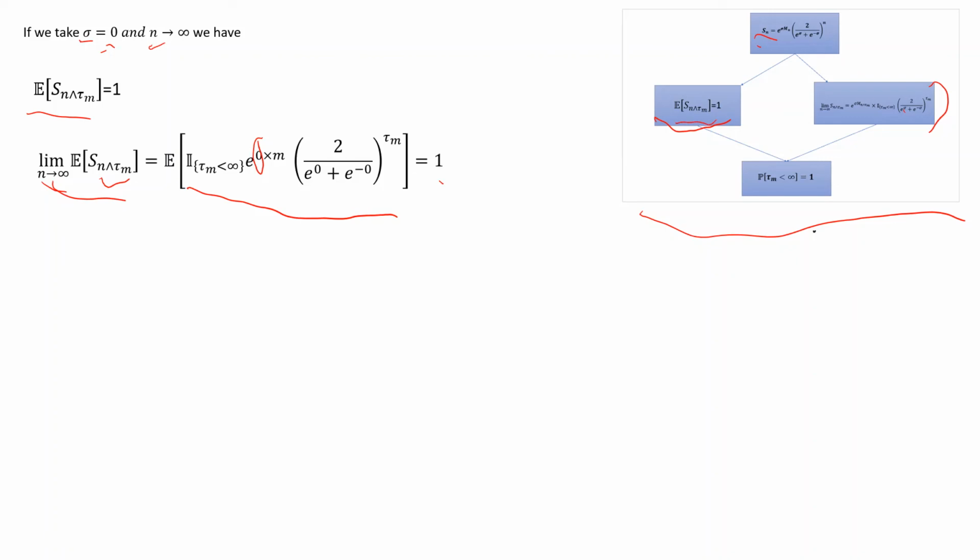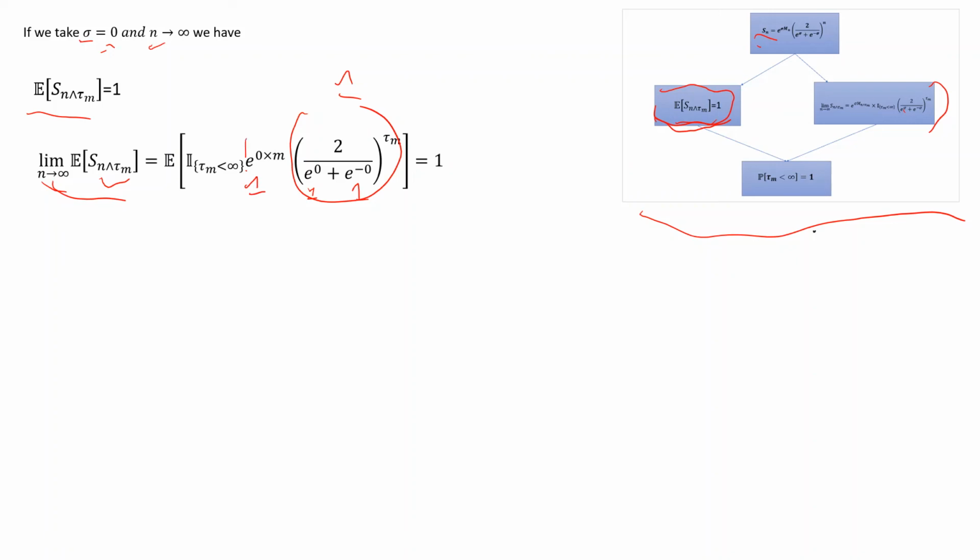Naturally, we haven't changed anything. We're just still using this. So now we can do some basic computation. 2 divided by e to the power of 0, that's 1. E to the power of minus 0, that's 1. So we have 2 divided by 2, so this whole thing is just going to be 1. And we have e to the power 0 multiplied by something, that's just 1.